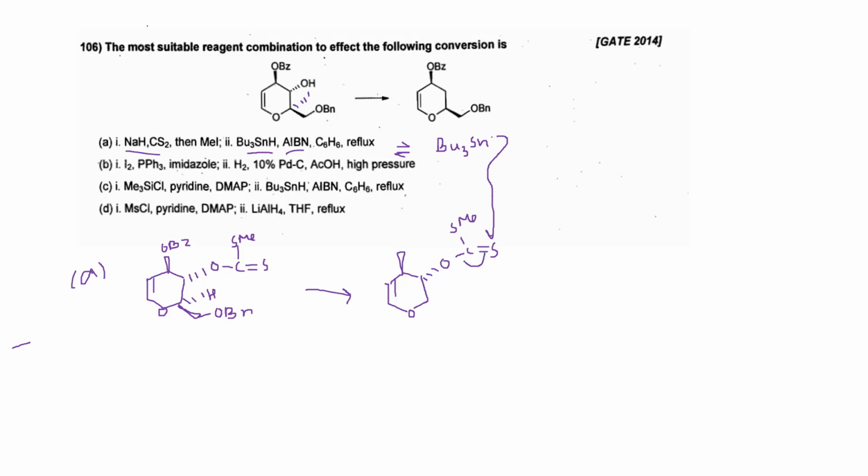This goes here and this one breaks. See, I have shown a single headed arrow because the dot is reacting, a radical is reacting, so you have to show it through a single headed arrow.